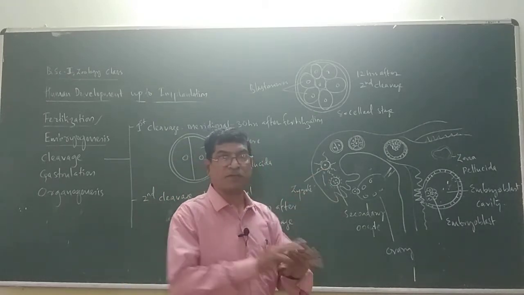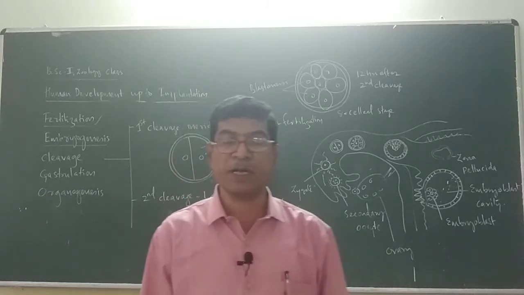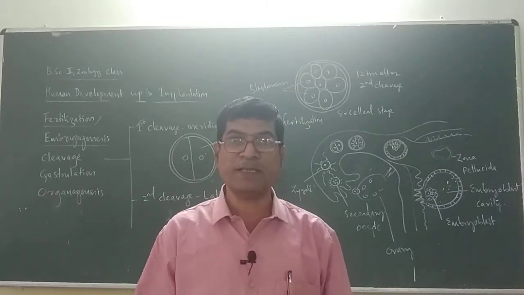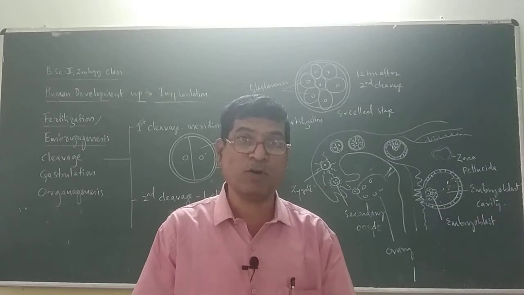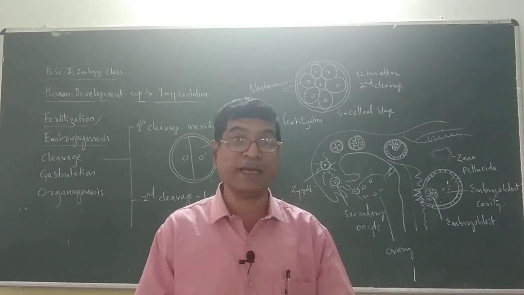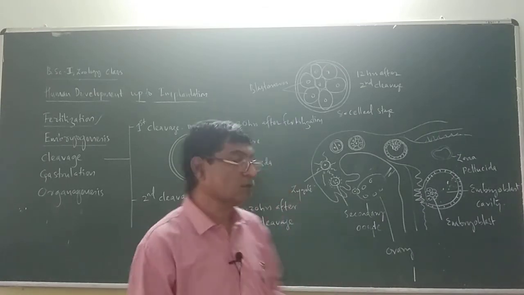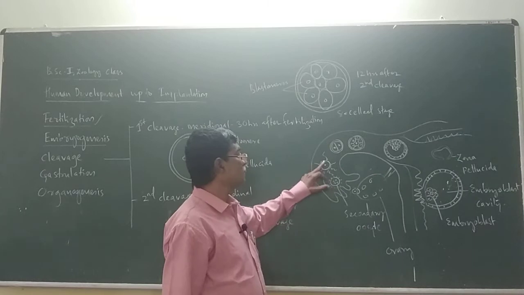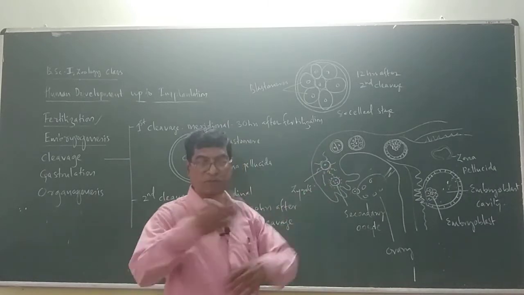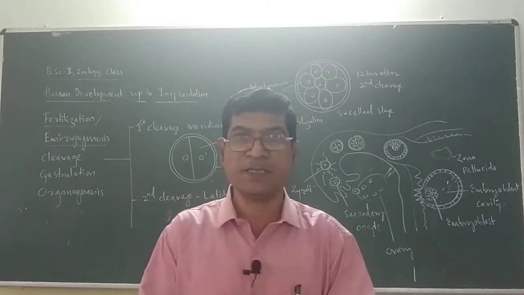Now, after the fusion of these two gametes, the egg becomes a zygote. Why is this called a zygote? The zygote has a diploid number of chromosomes, whereas the egg has a single set of chromosomes, the haploid number. So this is the zygote, a single cell stage.